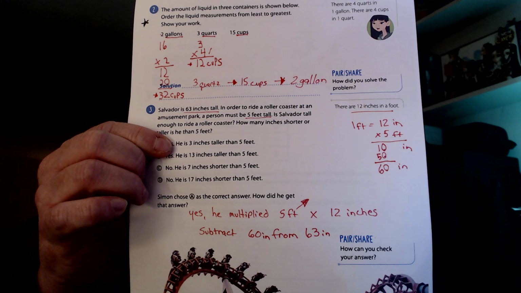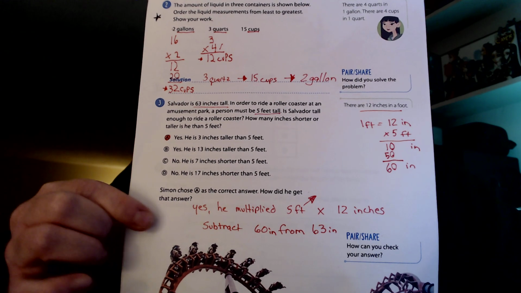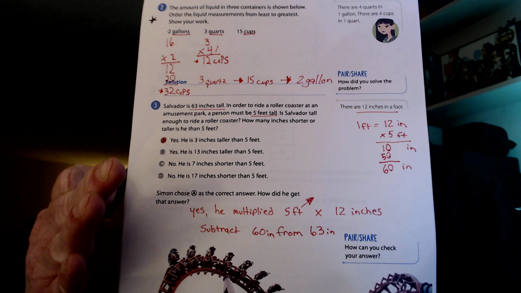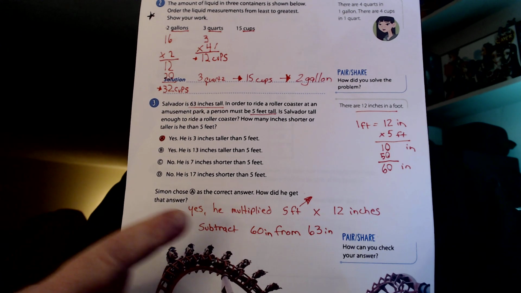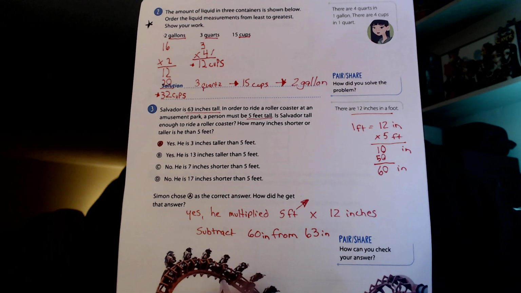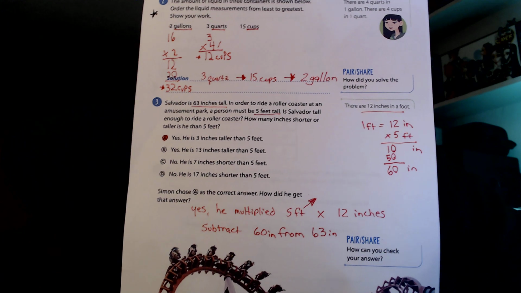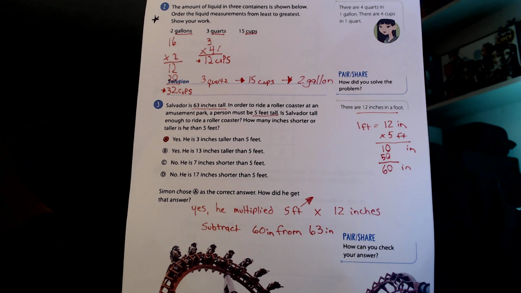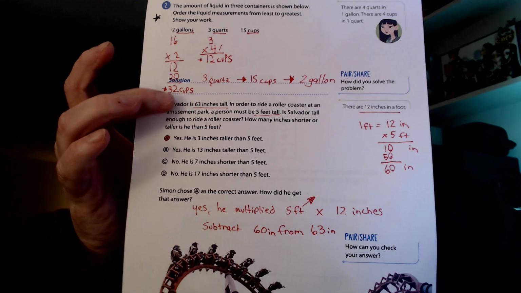He is 3 inches taller. 63 minus 60 is 3. So we multiplied 5 feet by 12 inches and then subtracted that from how tall he was. And that's how we got the multi-step answer. So hopefully they understand that they have to do the conversion and then subtract from the original. So that was a pretty tough one, but they're prepared. I feel like they're going to do great.